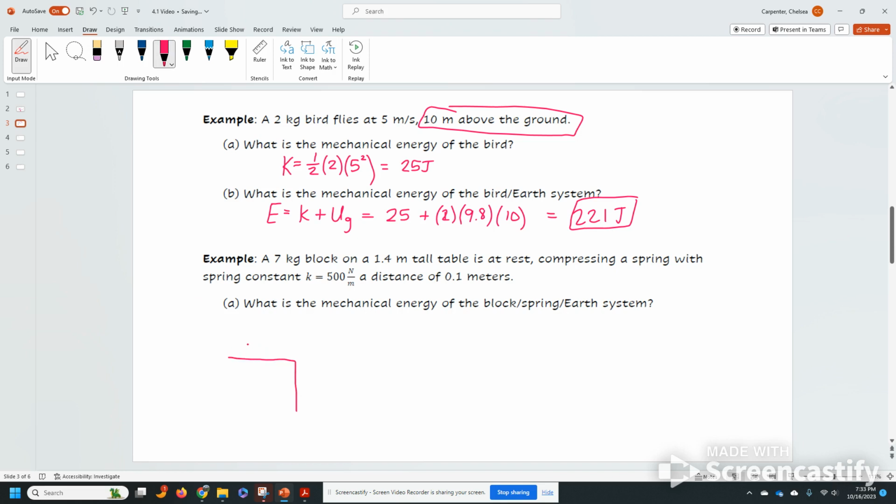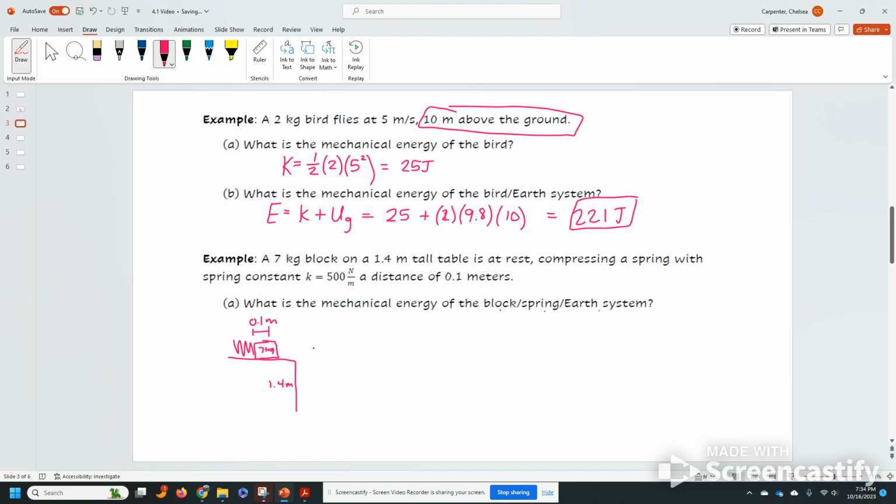Cool. So here we are, we've got a spring that's being compressed 0.1 meters. We have a block that's 7 kilograms. And we have a table that's 1.4 meters tall. So what is the mechanical energy of the block, spring, Earth system?